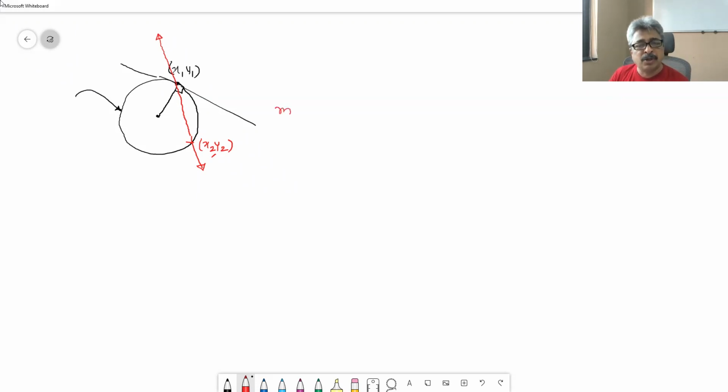Basically, we found the slope, and after getting the equation, we took x2, y2 along the circle to coincide with x1, y1. And then suddenly we got exactly the same equation of the tangent.